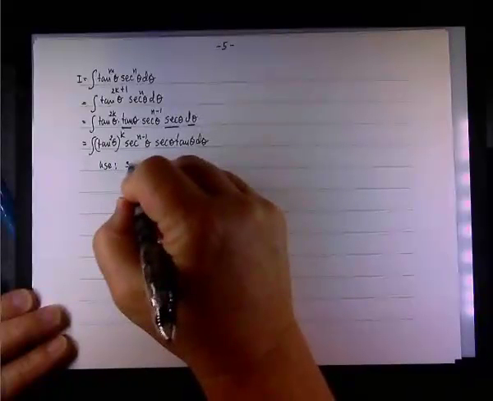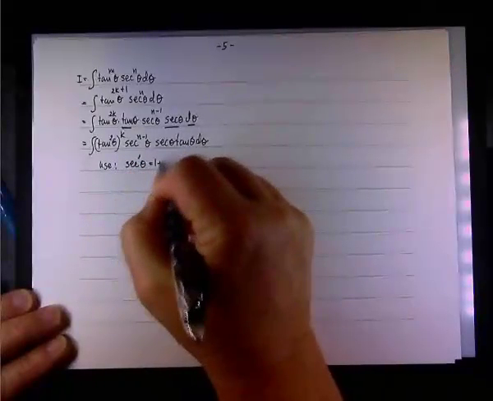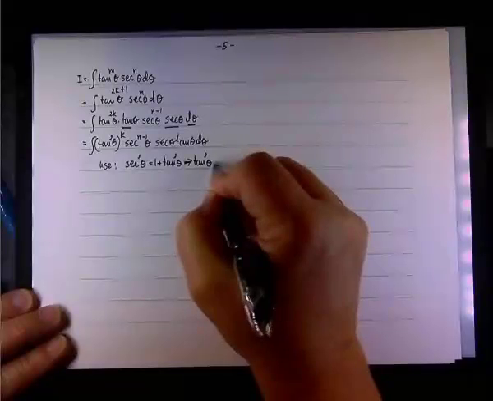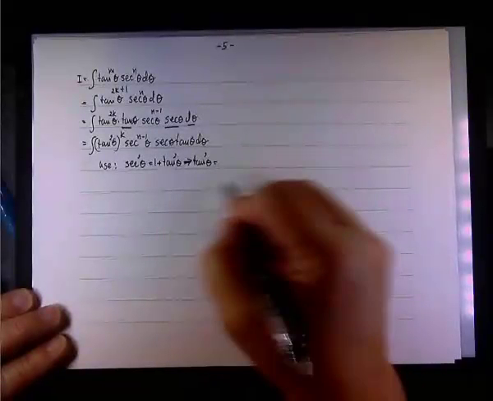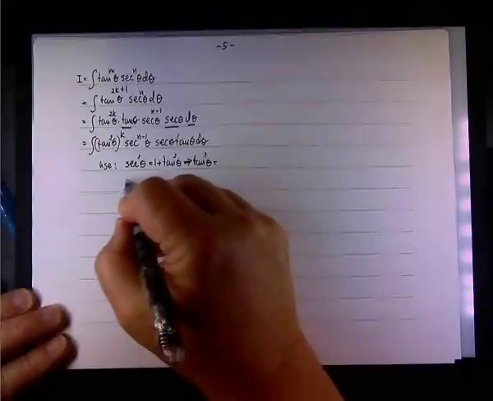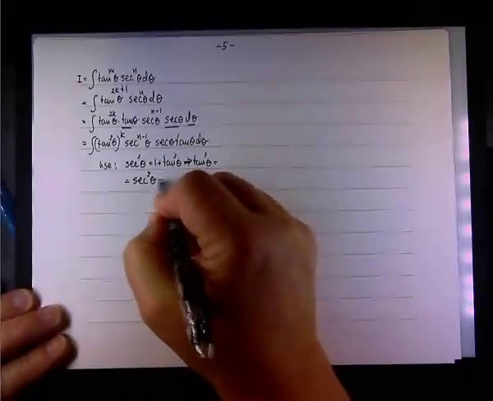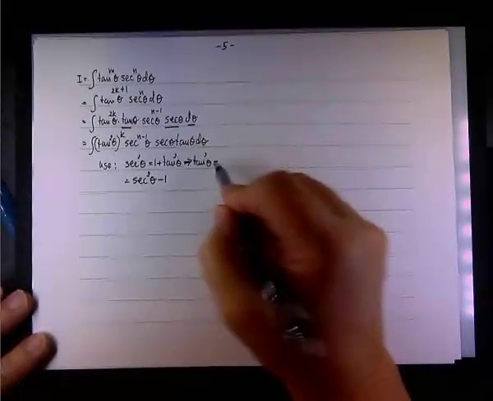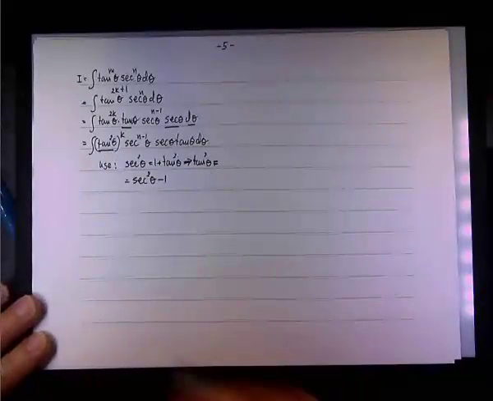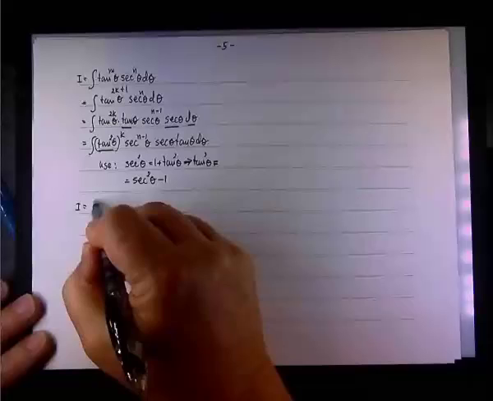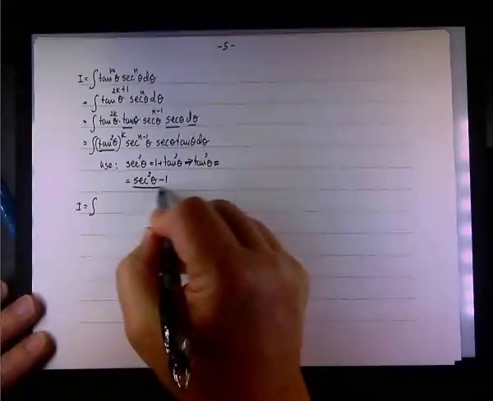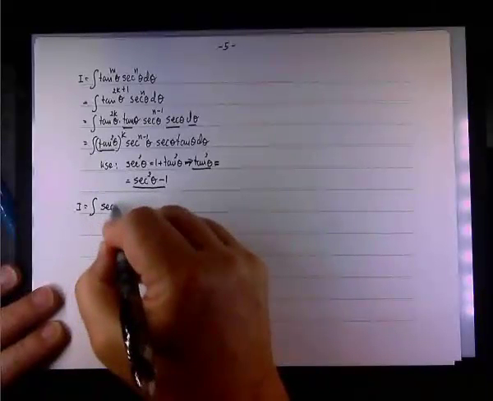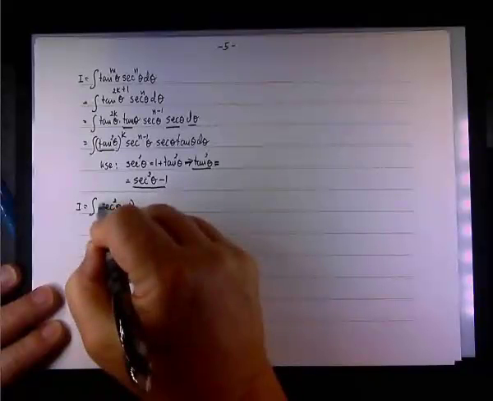We're going to use the following: the secant squared equals 1 plus the tangent squared, well, then the tangent squared can be replaced by the secant squared minus 1. Okay? So this is going to be replaced. So I equal, instead of the tangent squared, I'm going to have the secant squared minus 1.